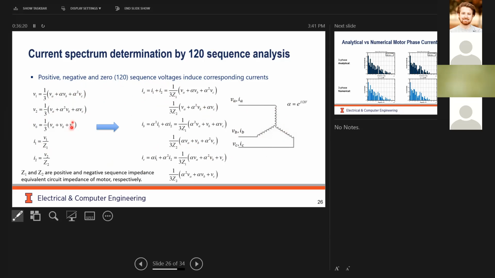This shows the total transform process. And remember that because the rotor circuit is frequency dependent, the positive and negative sequence impedance will be different, corresponding to each harmonic.